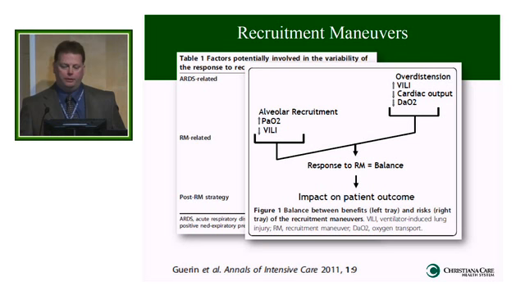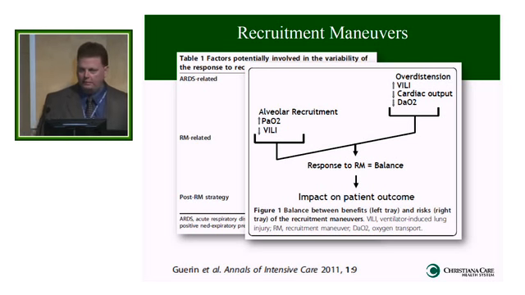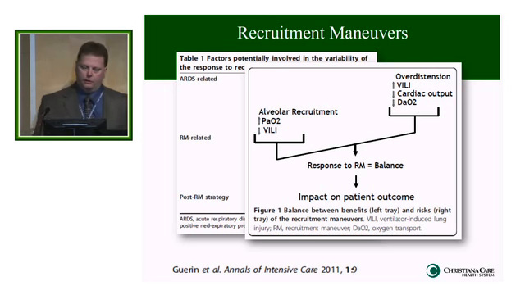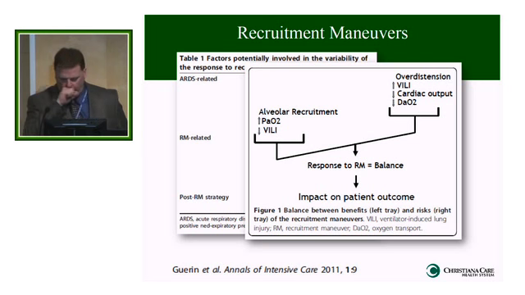But if you don't do anything post-recruitment maneuver, and usually that's either put them on a strategy that's going to recruit them, like APRV, or pressure control with a long I time and a half-decent amount of PEEP, or even if it's just volume control and you add PEEP to it, the post-recruitment maneuver strategy is a very important part, and you'll see some of those things in a few slides.